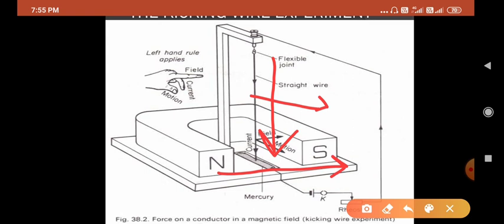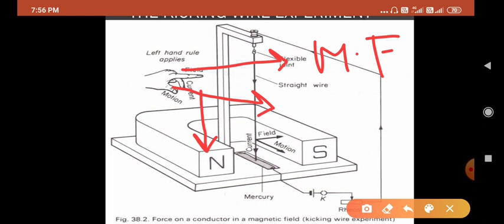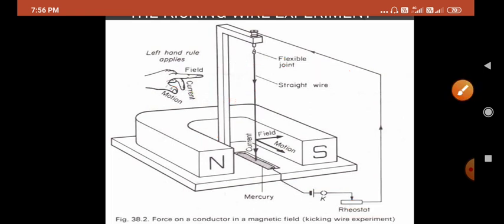You arrange your fingers in such a way that your forefinger indicates the direction of magnetic field, and your middle finger is pointing toward the direction of current. Then according to the setup of your hand, your thumb will point outward of the horseshoe magnet. That will be the direction of the force acting on the current carrying conductor. So that is the help we get from Fleming's left hand rule.